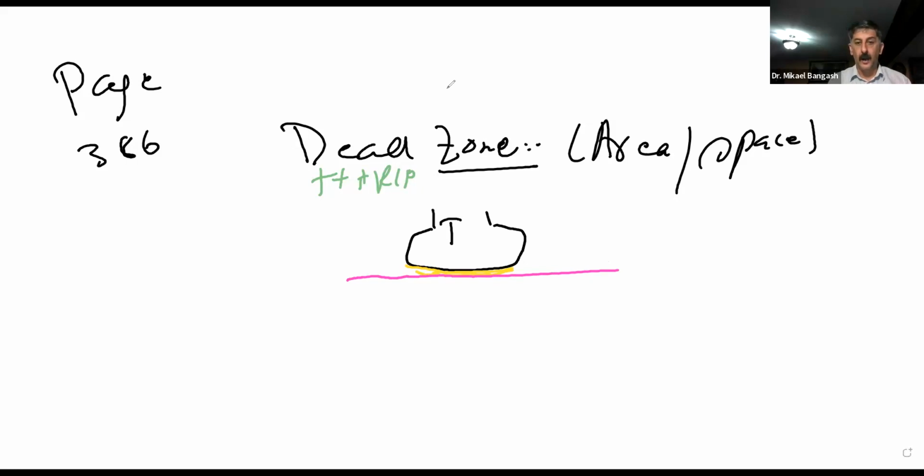Right next to the transducer is going to be this area here. That will be called the dead zone.